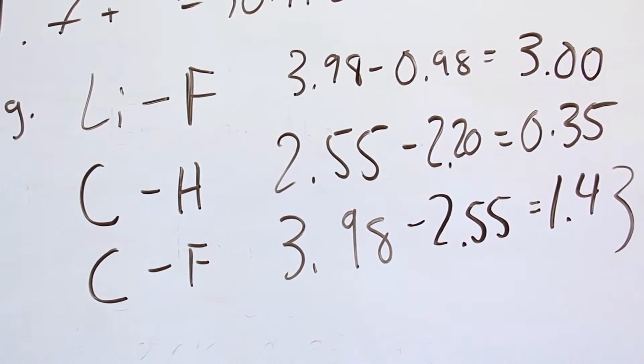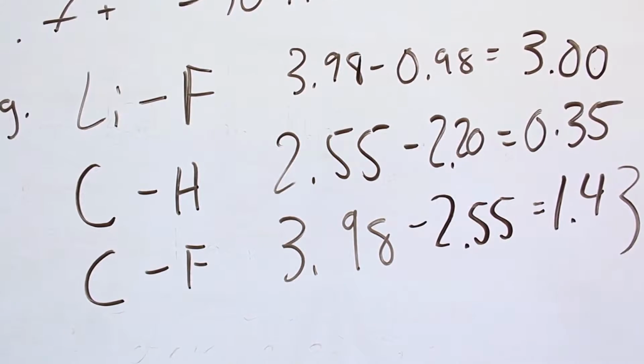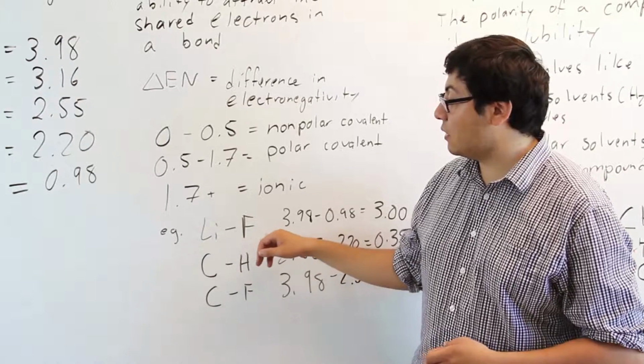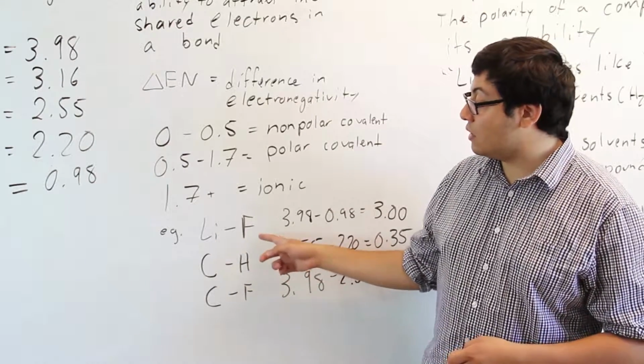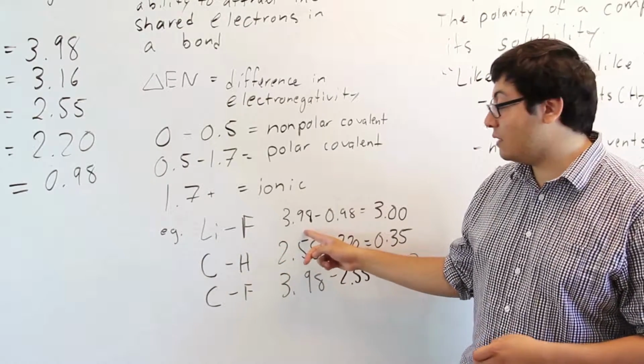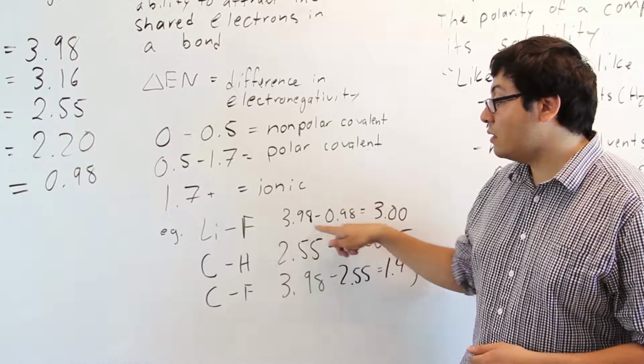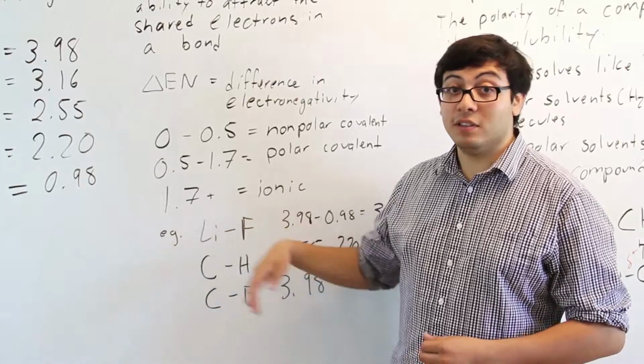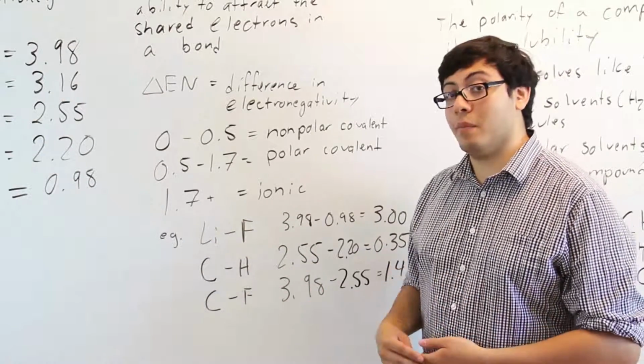Let's take a look at a couple of examples. The electronegativity difference in the bond between lithium and fluorine, such as the bond in lithium fluoride, can be examined by taking a look at their electronegativities. The electronegativity of fluorine is 3.98, and lithium is 0.98. The difference is 3, which makes it higher than 1.7, therefore it's an ionic bond and an ionic compound.